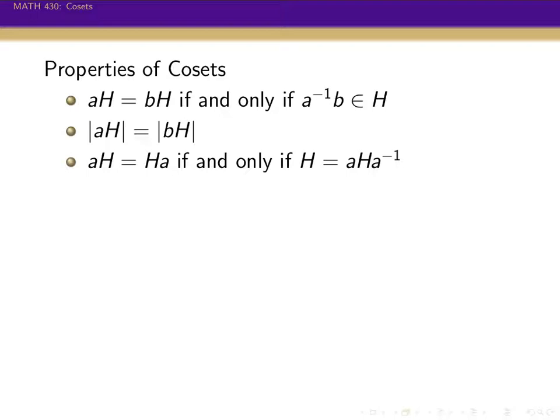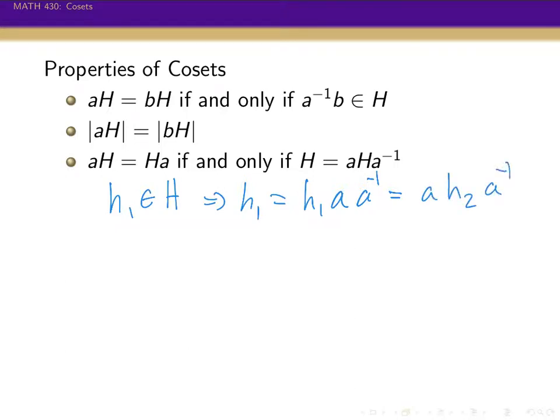So we will take H1 in H again, and so then we have that H1 is equal to H1 times A inverse, because A times A inverse is the identity, and since HA is equal to AH, I can write this as AH2 times A inverse.